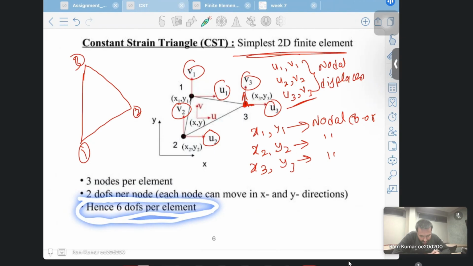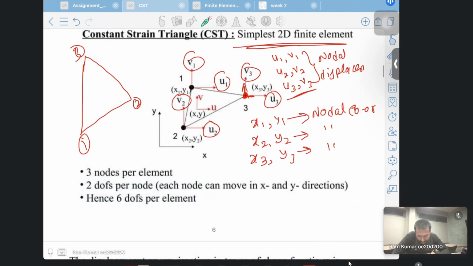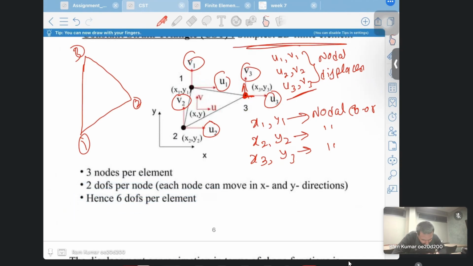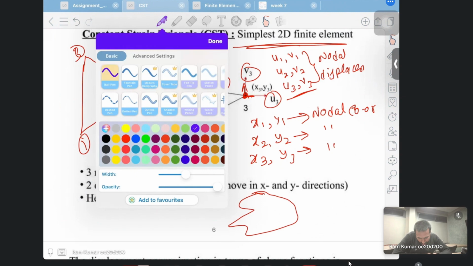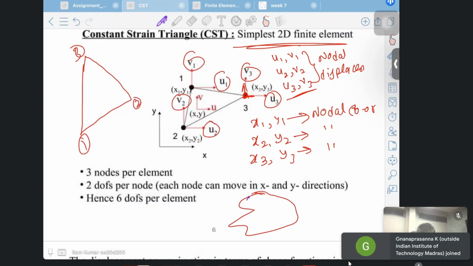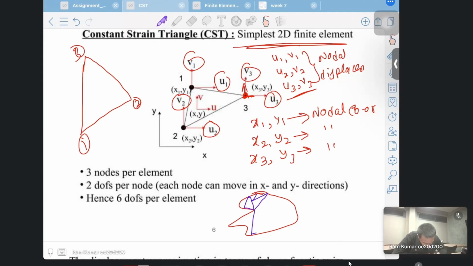So for example, we have any domain. This is our random domain, and we are dividing it in triangular form, different triangles, like this one, this one.